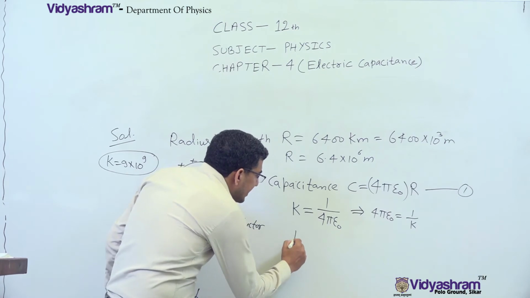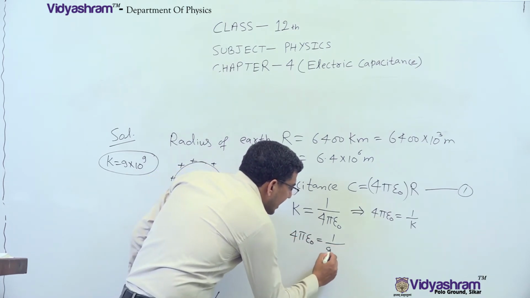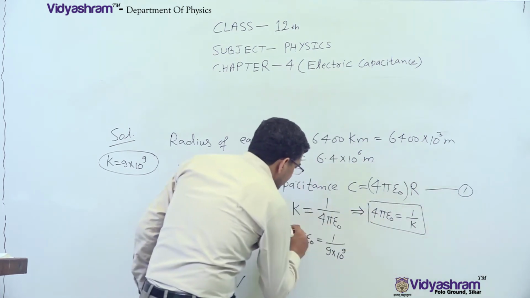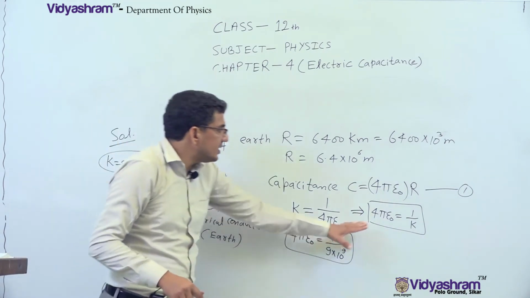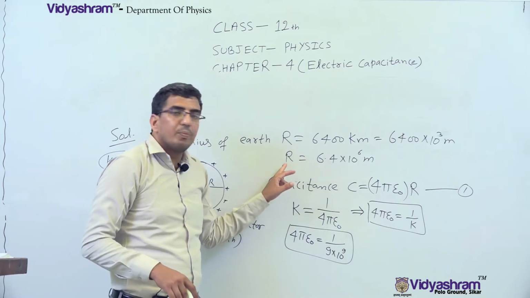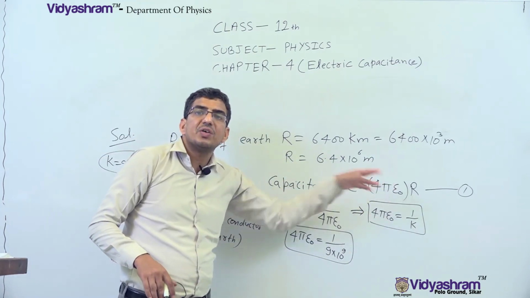So 4 pi epsilon naught is equal to 1 upon 9 into 10 power 9. Okay students? Putting the value of R and 4 pi epsilon naught in equation 1.